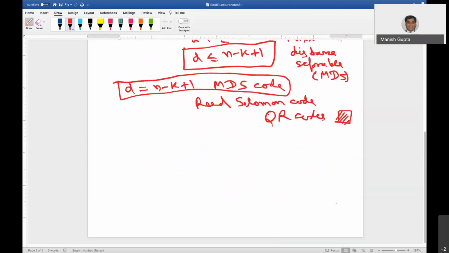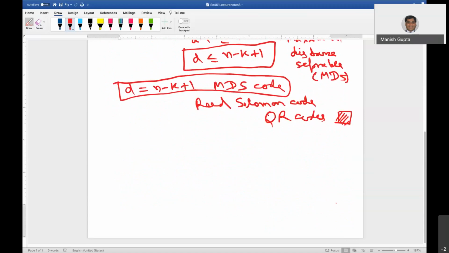Now I want to describe another very important bound known as the sphere packing bound. So what is this sphere packing bound?